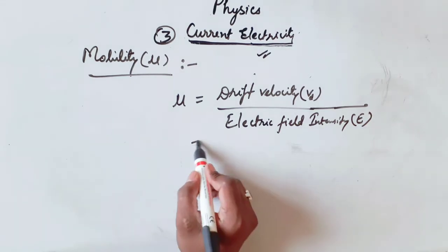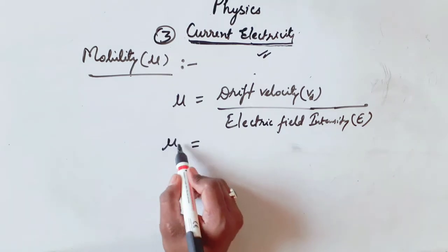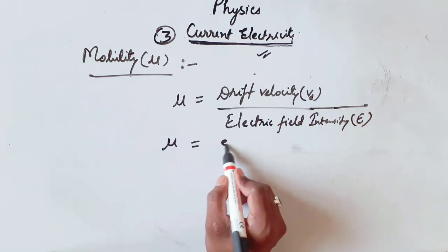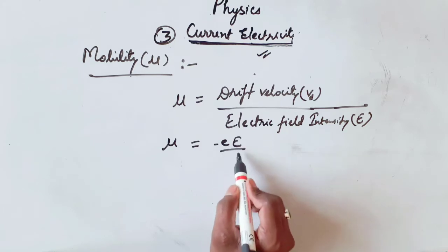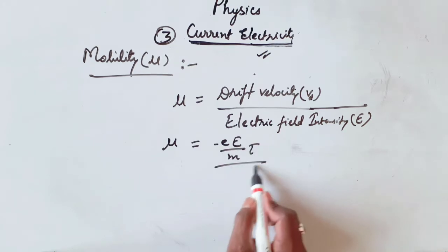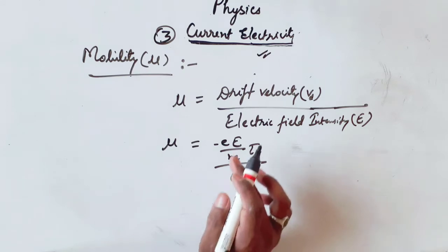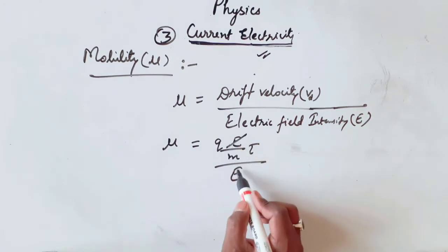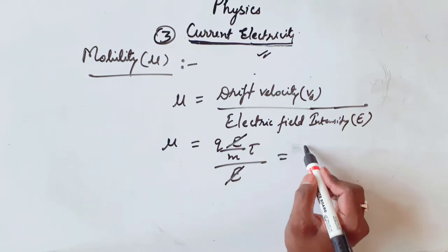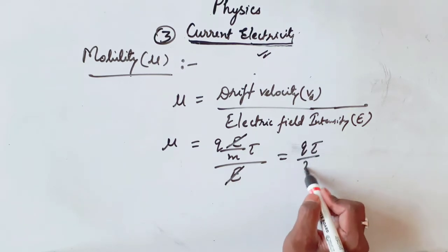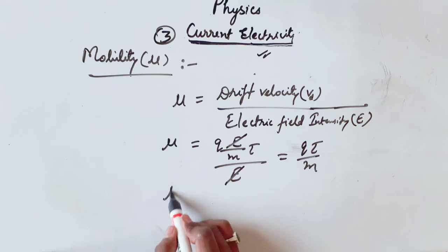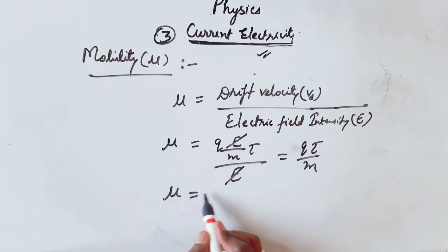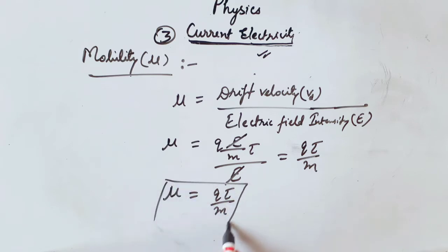At the place of Vd we write its value, which is eE divided by m into tau, upon E. If the charge is q, both E will cancel out, and we get q into tau divided by m. So the mobility of charge will be equal to q tau divided by m.